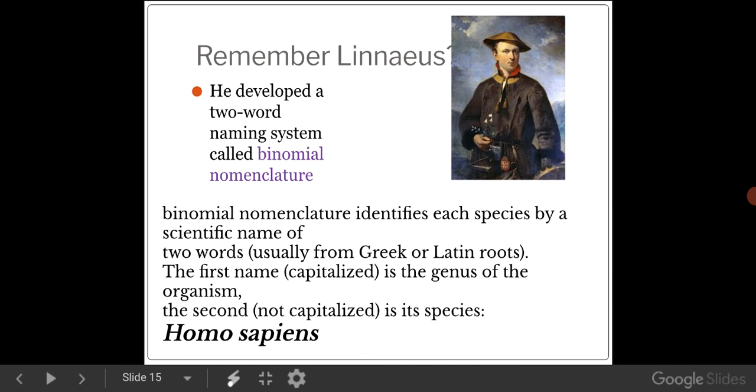One example I think I hear a lot is, people say something's cool, but if Benjamin Franklin was to hear that, he wouldn't think that that was something that you found interesting or that you liked. He would think it's literally cool to the touch, like it's cold, and probably wouldn't understand it. So using Latin or Greek, something that's not used a lot, keeps the meaning from changing and helps scientists communicate regardless of their language. They'll always know when you're saying Homo sapiens that you're talking about a human.